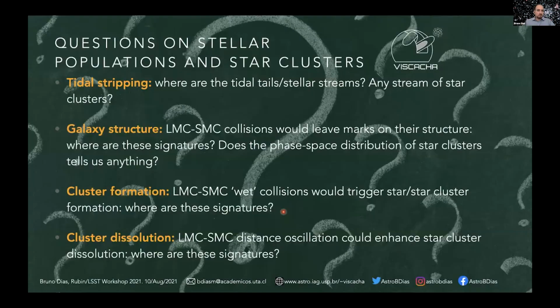So many questions that you can try to relate with star clusters here is related to the tidal stripping, so the structures of the galaxies traced by star clusters and the galaxy structure in the same line, and also the clusters itself, right? So star cluster formation and dissolution.